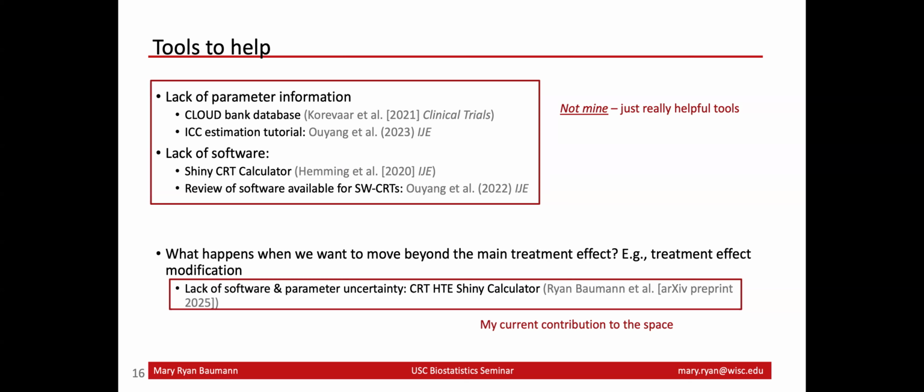In that space, my current contribution is this CRT HTE Shiny calculator that we've just released a preprint for as well, that helps with some of that lack of software and parameter uncertainty a little bit. So I'm briefly going to talk about the CLOUD Bank database and the Shiny CRT calculator, and then hopefully have a little bit of time to talk about my HTE calculator.